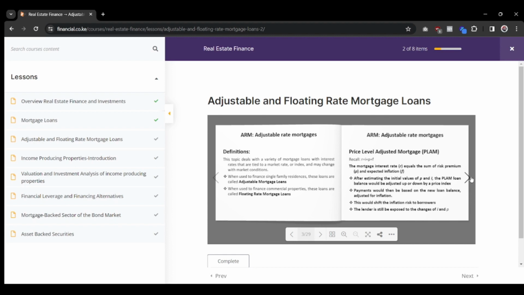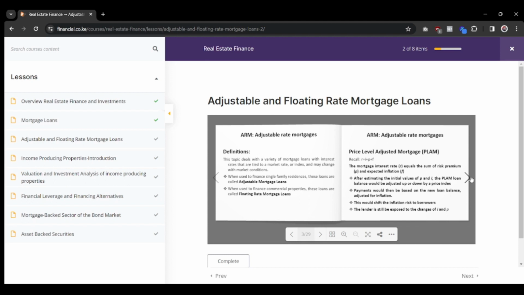Let's look at price level adjusted mortgages, also commonly referred to as PLAM. The price level adjusted mortgage rate is calculated by adding the real interest rate plus a risk premium and unexpected inflation.